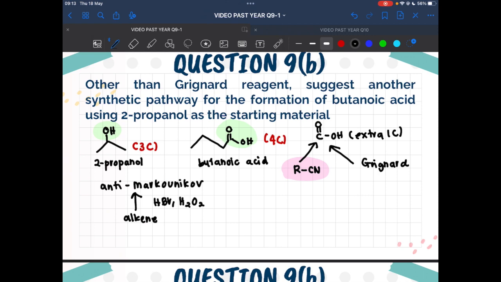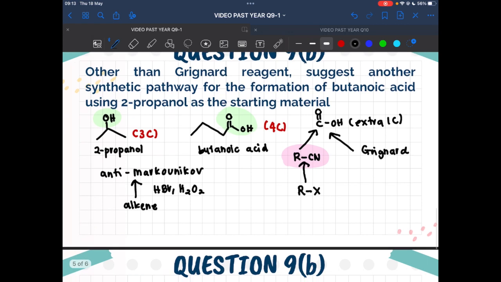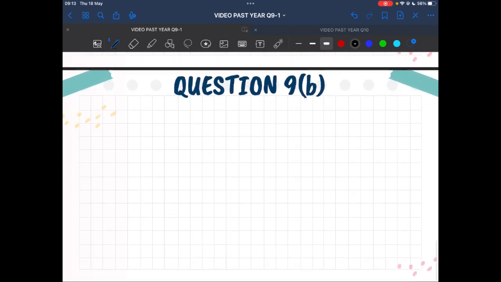So daripada sini kita boleh tengoklah macam mana kita nak ubah position of the functional group. Dan kita kena tengok juga macam mana kita nak hasilkan nitrile compound ni. Nitrile compound kita boleh hasilkan daripada haloalkane.